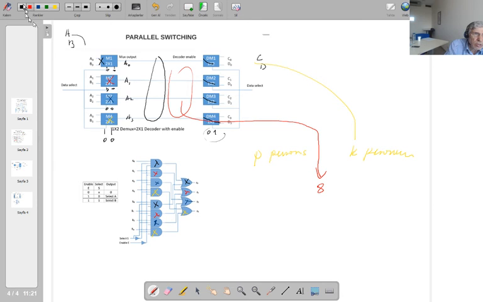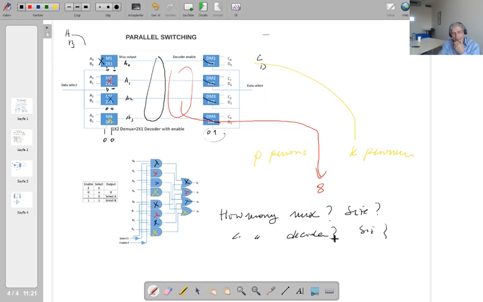Now the question is: how many muxes are going to be used and what size, and how many decoders are being used and what size. So you make a decision. This is a communication problem in order to design a parallel switching. So that's the end of this video then.